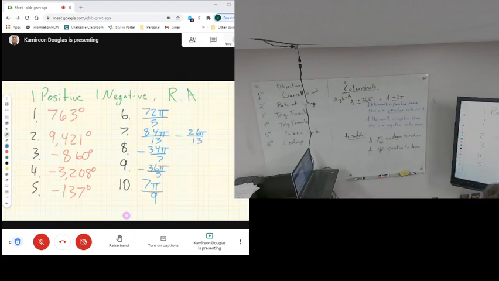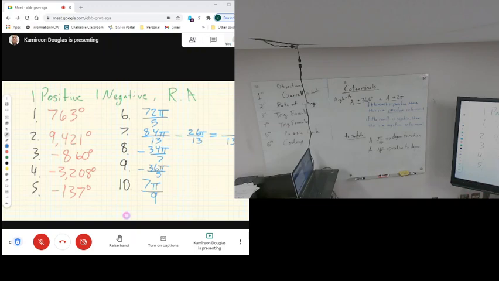Now what I can do is actually subtract those two. But remember, when I subtract fractions, I just subtract the tops. The bottom will stay 13. 84 pi is like 84x, the pi doesn't do anything.